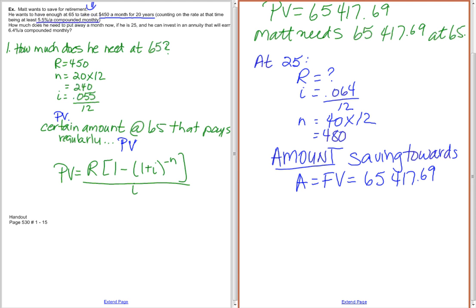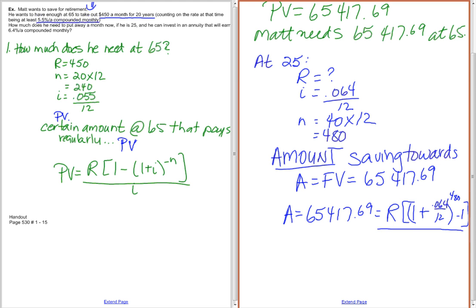So we're doing this by hand first, and then we'll show you on the graphing calculator as well. So he is saving towards 65,417.69. It's regular, 1 plus, this is a new rate, decimal 0.064 over 12 to the 480, subtract 1 over.